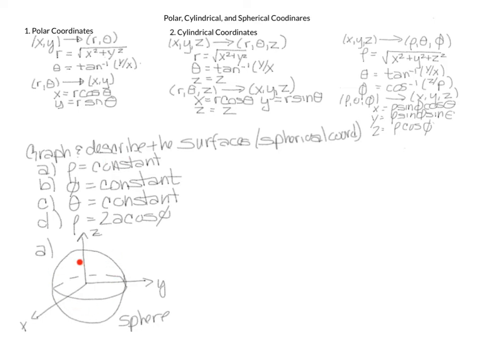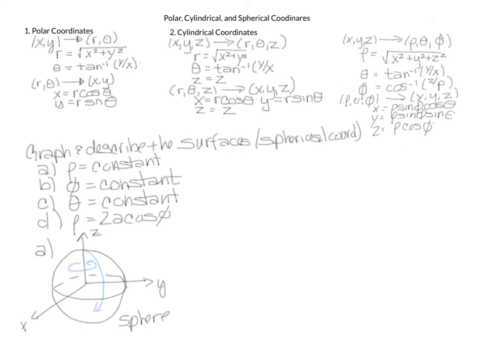And the idea is that because theta can vary between 0 and 2 pi, you go all the way around the circle, and then phi can vary between 0 and pi, so now you basically can go from here to here.